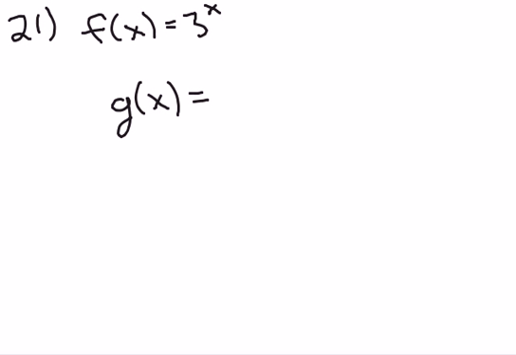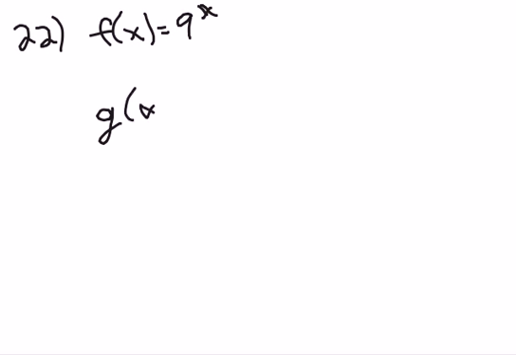So here, if I want to reflect over the x-axis, I need to put a negative out front of everything. In other words, negate f of x. So here I'd have negative 3 to the x. And then they want a shift, or they use the word translated, 5 units to the left. And horizontal translations, you do the opposite. So this would be your g of x.